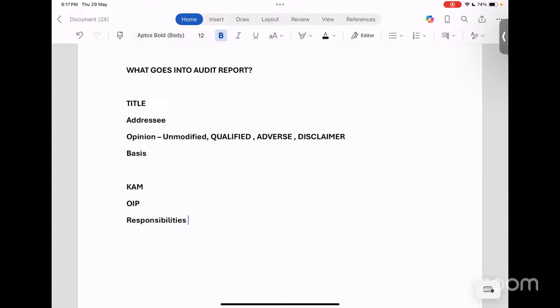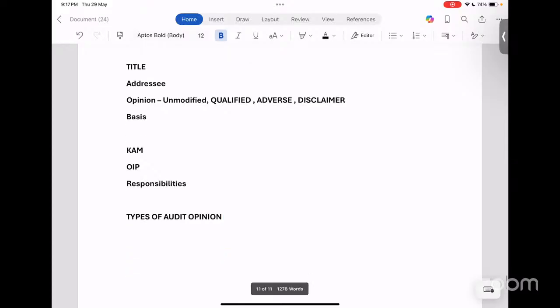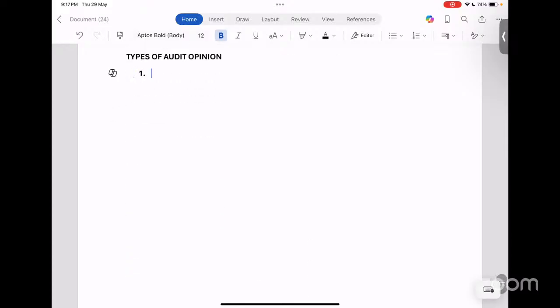Now, what are the types of audit opinion that we have? The first type is the qualified audit opinion, where the misstatement is just material, not pervasive. Then the adverse audit opinion, where the misstatement is material and pervasive.